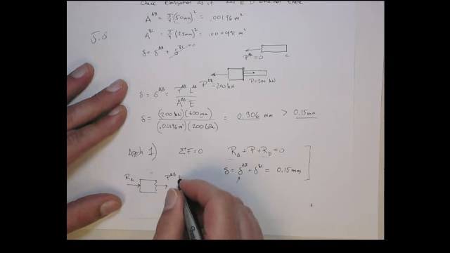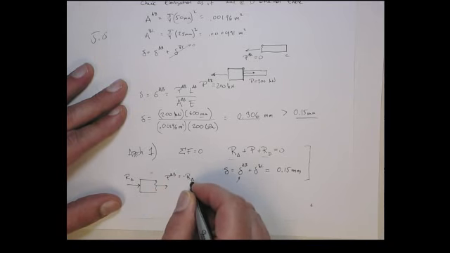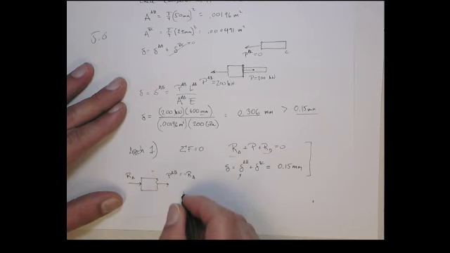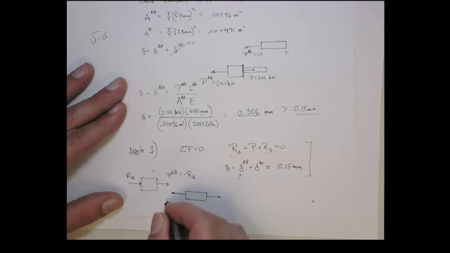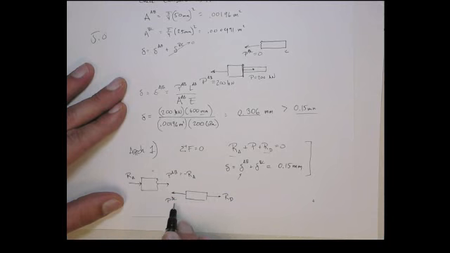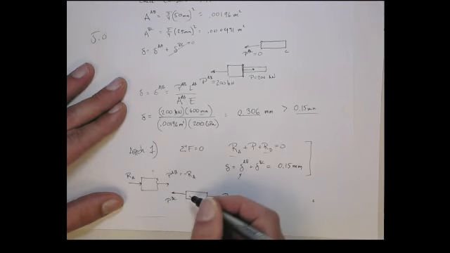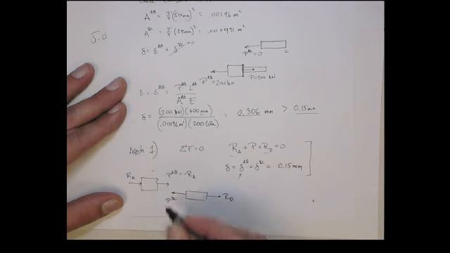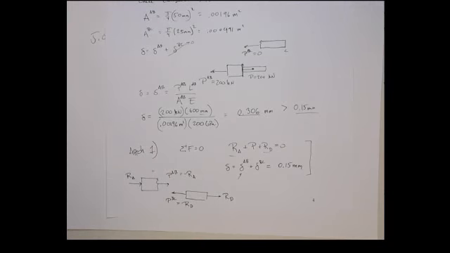So that's going to equal minus the reaction at A. And likewise, in section BC, here's the free body diagram for the section BC. Here's the reaction force at D. Here's the internal reaction force in that section. Again, it's on a negative face, so I draw it so it's positive in tension. This has to be equal to RD, okay? They have to equal to 0.